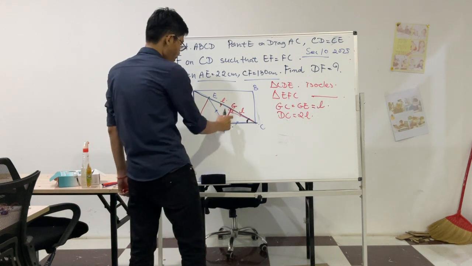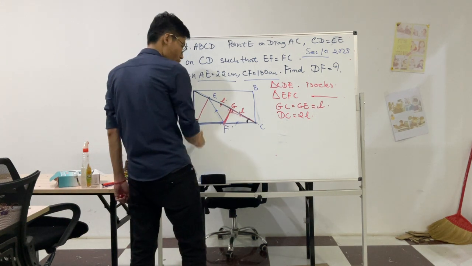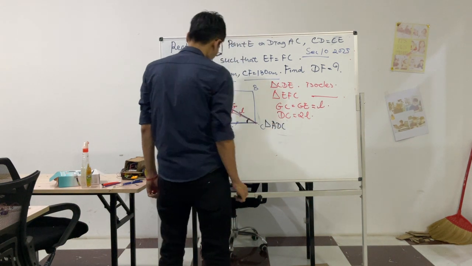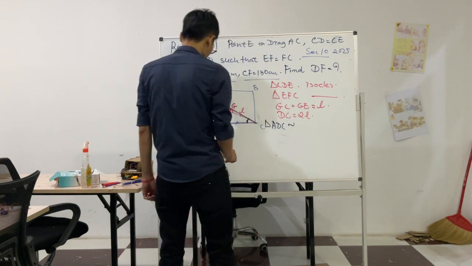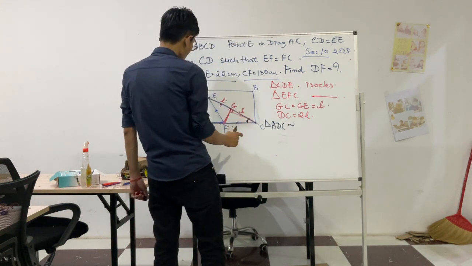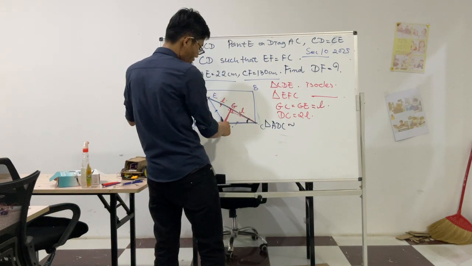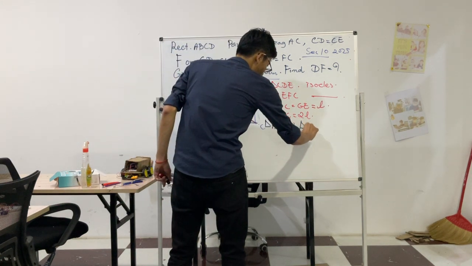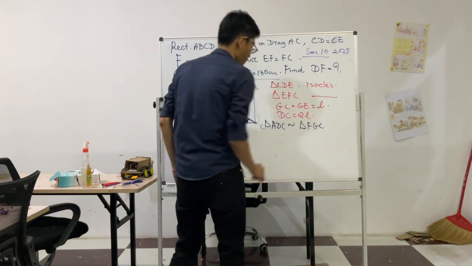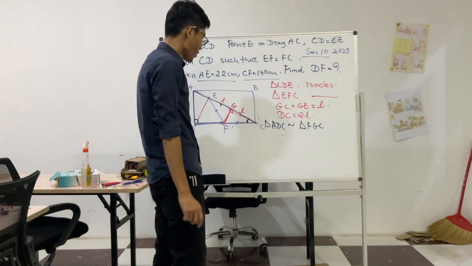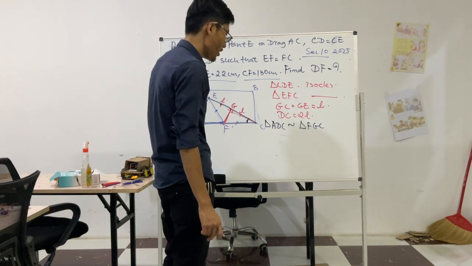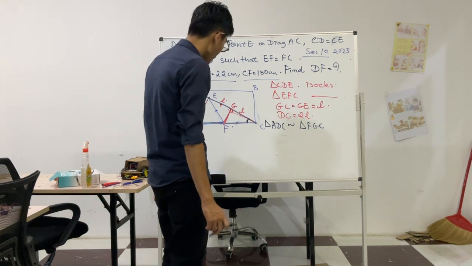So these two are similar. We have triangle ADC similar to triangle FGC. Let's put the angles the same.